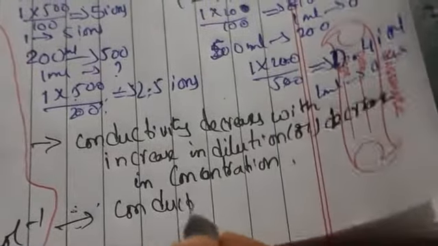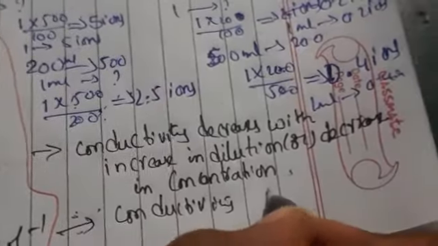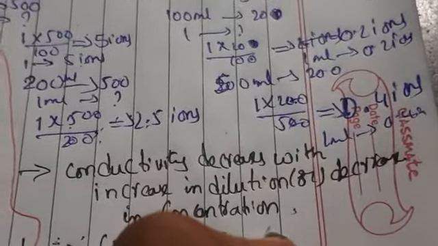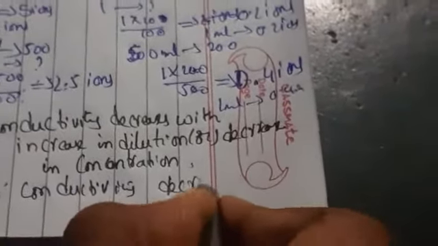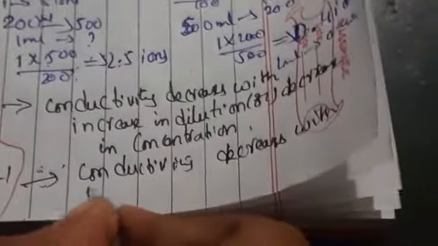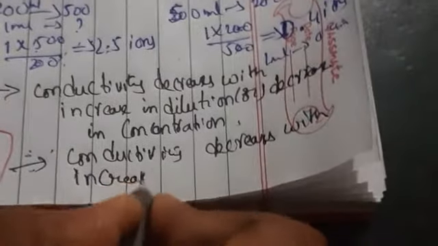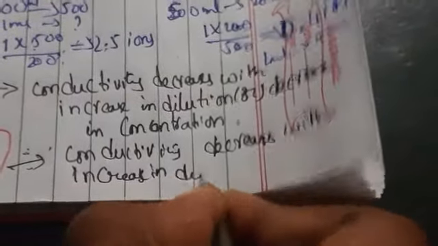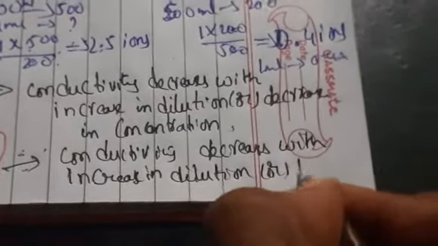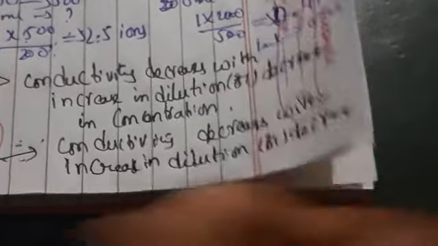So for weak electrolytes also, the conductivity decreases with increase in dilution or decrease in concentration.